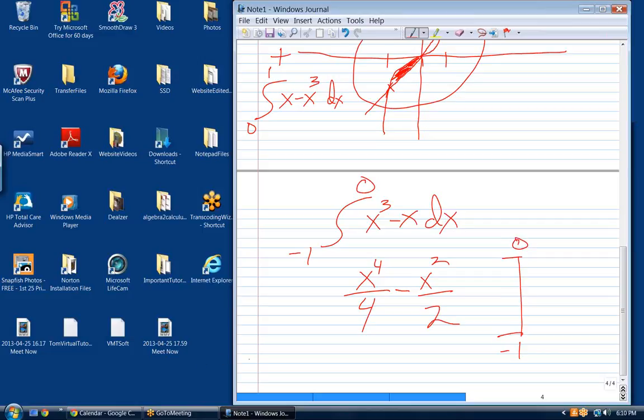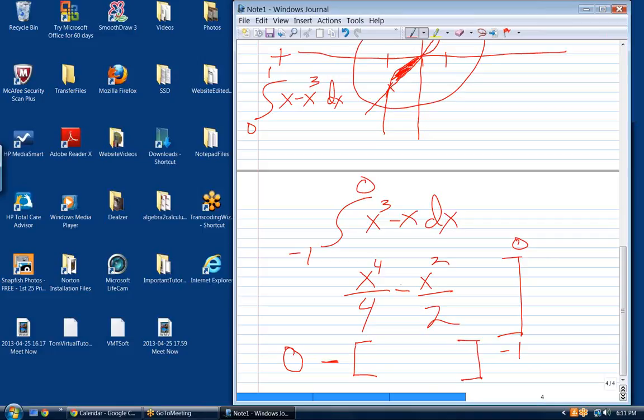How do I evaluate it at 0? You just plug in the 0. So 0 on my left, and then let's evaluate it at -1.